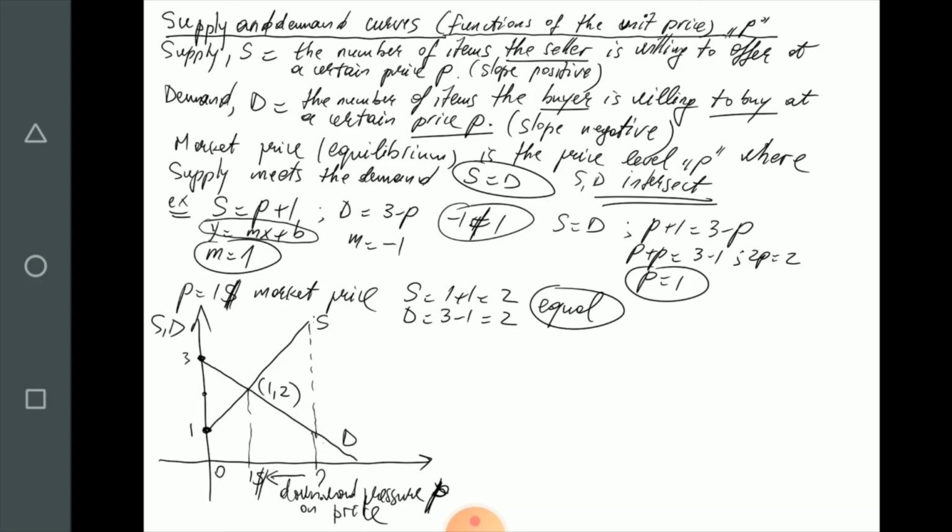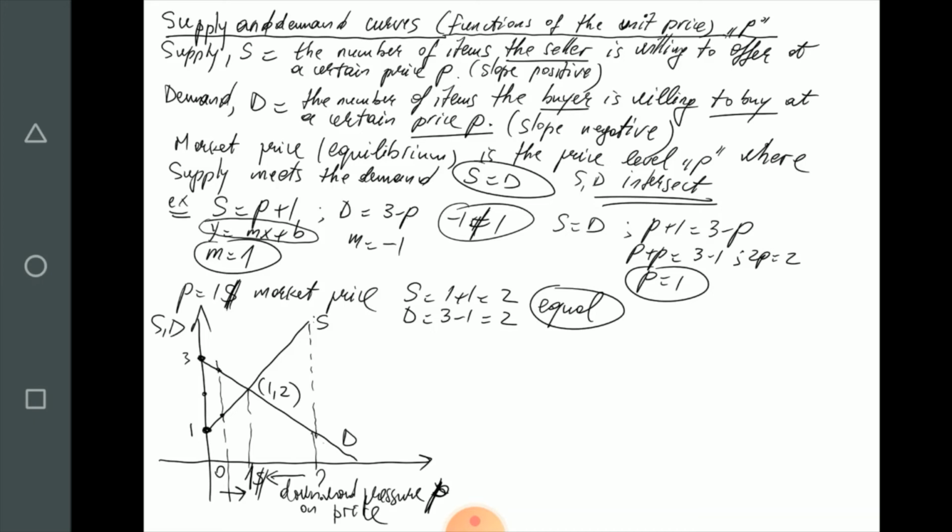If the price is set below $1, let's say you're here, what happens? Huge demand, or greater demand than the supply. So the pressure is on the price to increase, because there are far more people willing to purchase than the number of items on the market. So obviously there is an incentive for the price to increase until the two curves meet. So that's the interpretation of the intersection point.